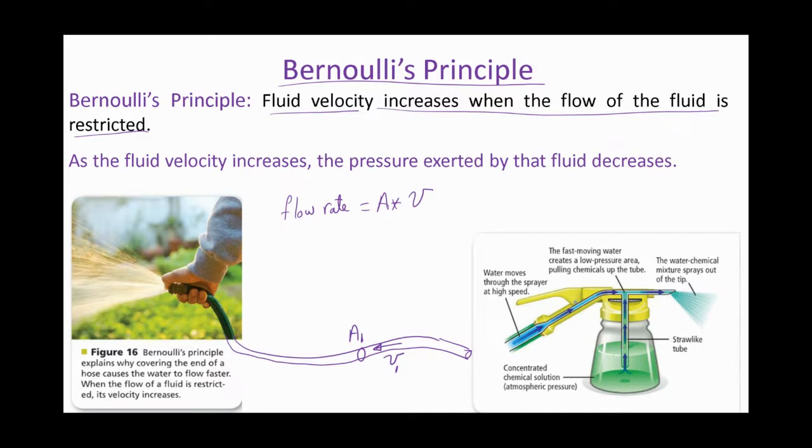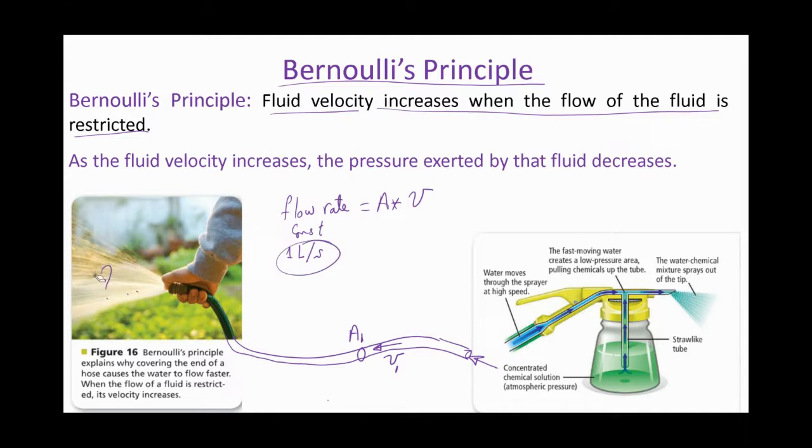The flow rate is constant through this tube. Let's say it's 1 liter per second. If you inject from the faucet or whatever source 1 liter per second, how much will you receive on the other side?